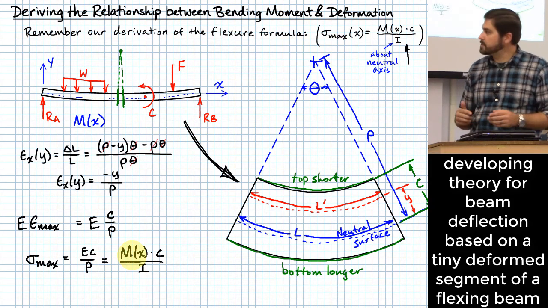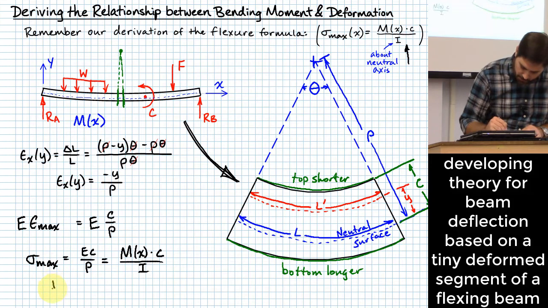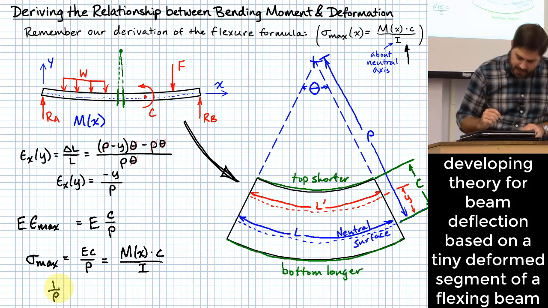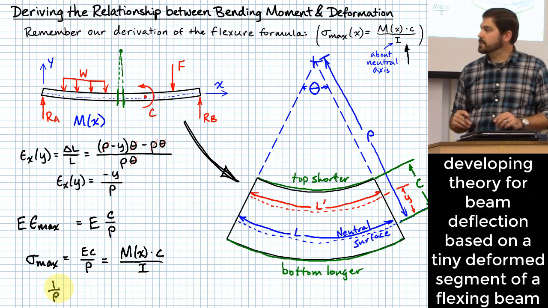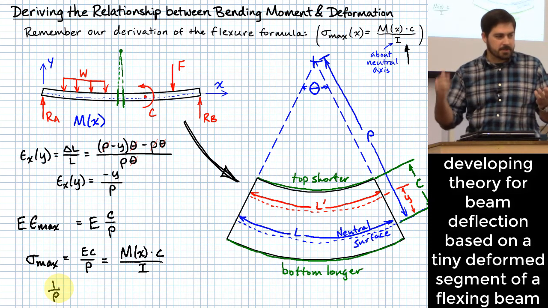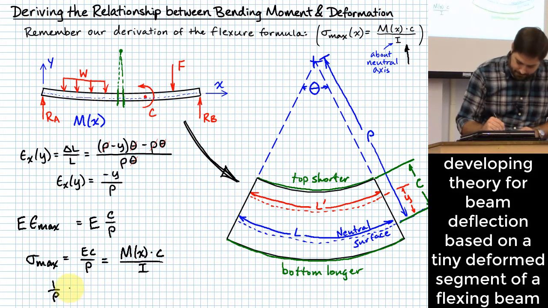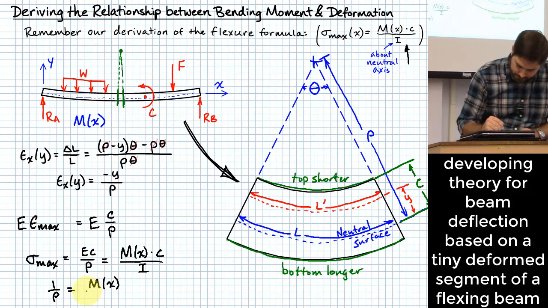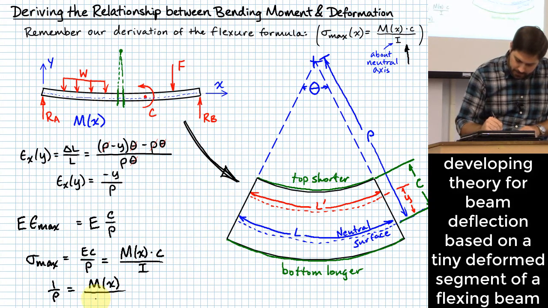So I'm going to solve this for 1 over rho down below here. What can I do with C? Yeah, C is the same in those two expressions, so I should be able to just cancel that. And that leaves me with what? Okay, M as a function of X over EI.